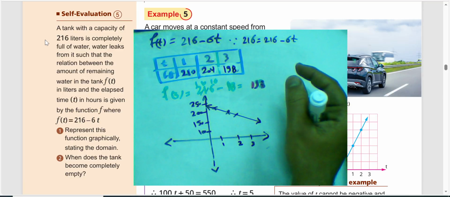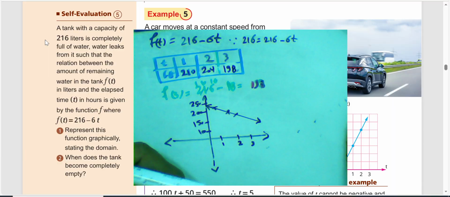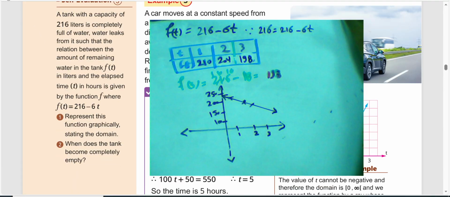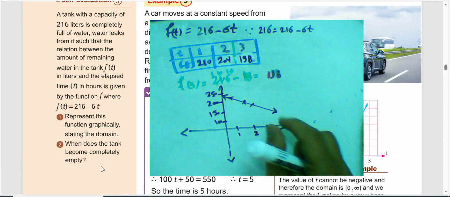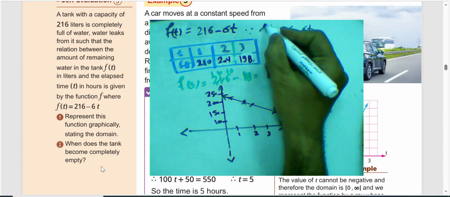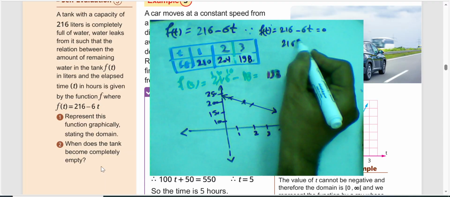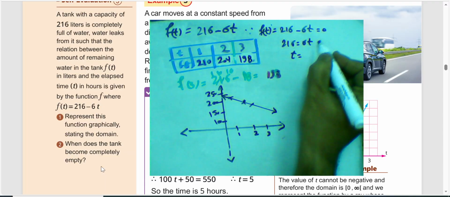So the value of t will be 0. They asked, when does the tank become completely empty? Empty if f of t equals 0. The capacity here will be 0 at what time? We can write 216 equals 6t, and then divide by 6.